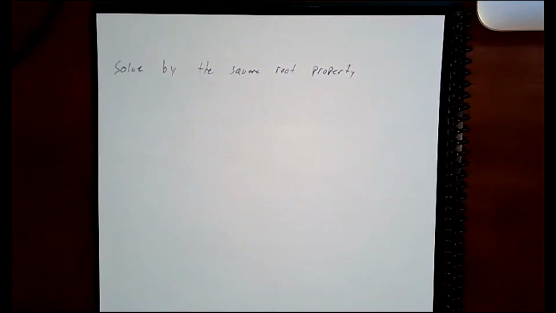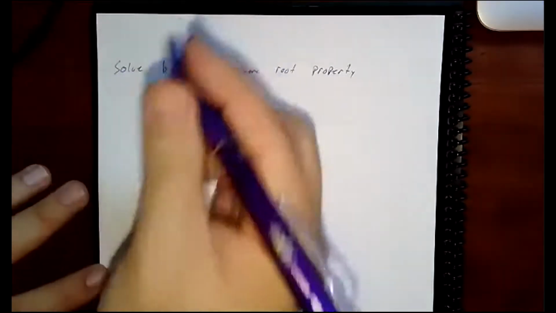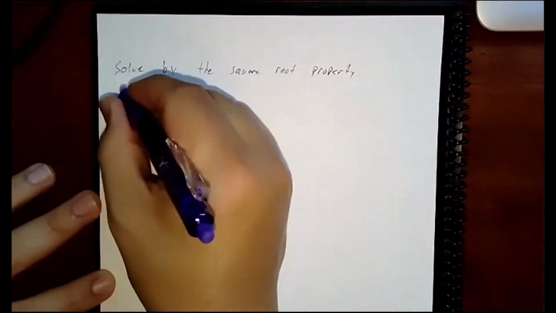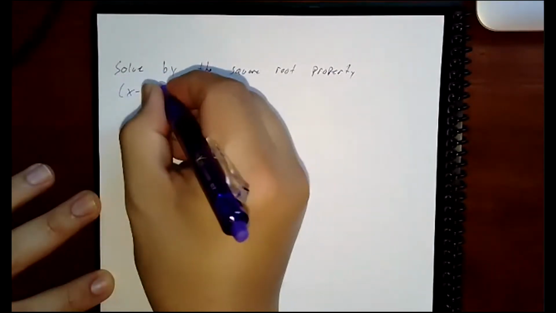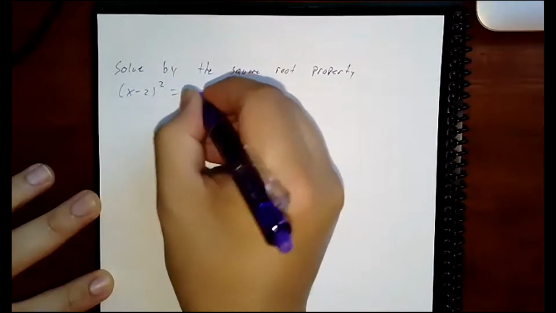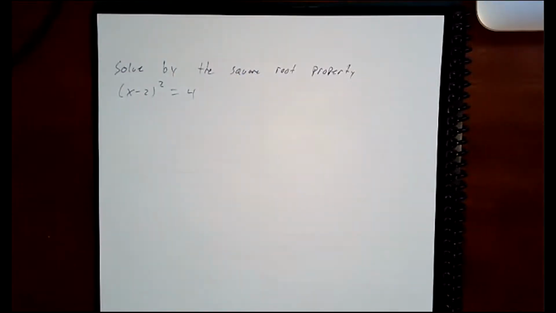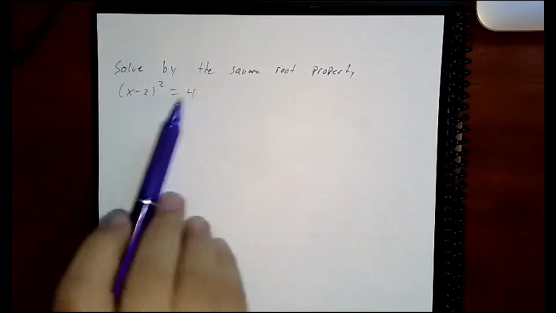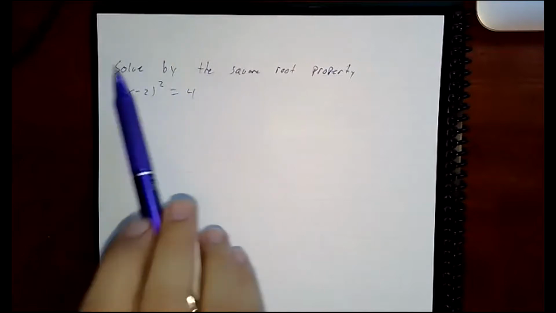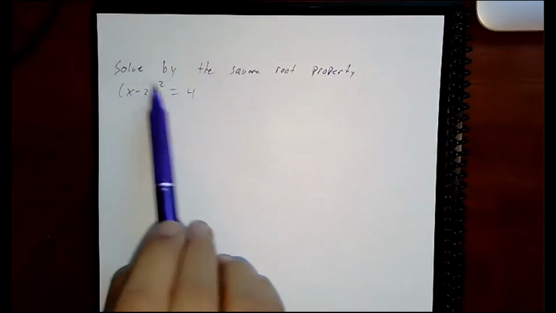Let's pick a good one here: x minus 2 squared equal to 4. The square root property says you can square root both sides, and if you see that they're both squares, that's usually a good time to do it, especially with an x in it.